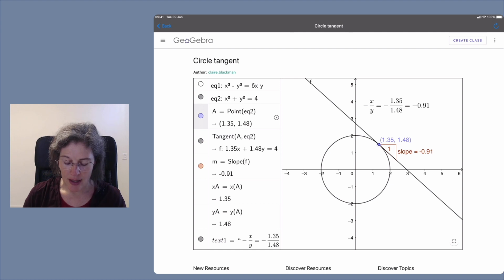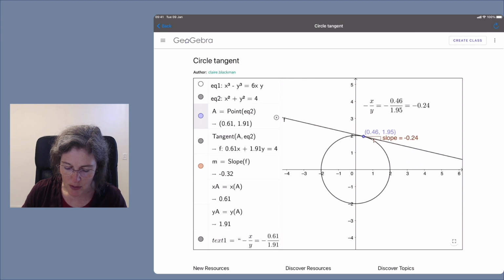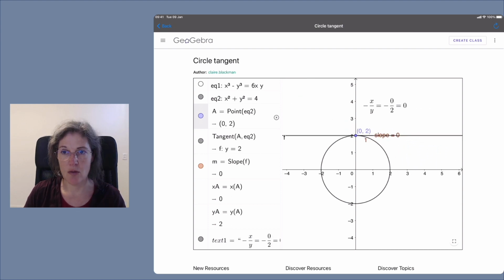And notice that if you plug the x and y values, 1.35 and 1.48, into what we found for our derivative, which was minus x over y, you get minus 0.91. If we move this point a little bit, all the way up to the top, that's good news because you can see that the value of the derivative that we calculate, which is the slope of a tangent, is 0.